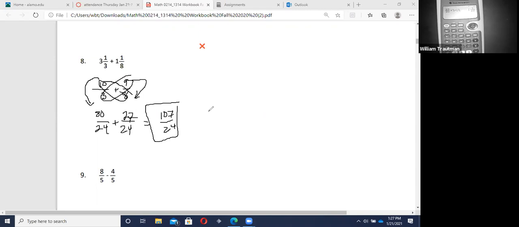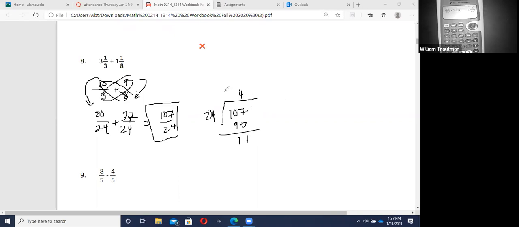If we needed to change this to a mixed number manually, remember how to do that. 107 divided by 24, top divided by the bottom. 24 goes into here 4 times. 24 times 4 is 96. And I get 11, and 107 minus 96 is 11.